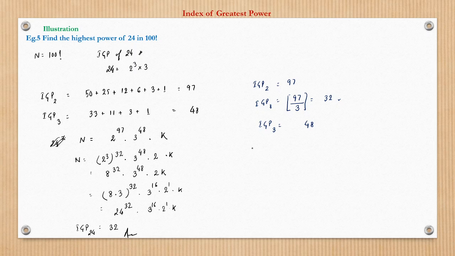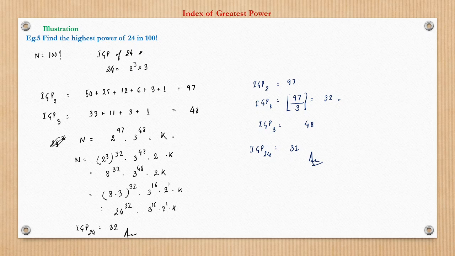So IGP of 24 would be 32. Why not 48? Because if I take 48, then it certainly cannot form 24. 3 has a power of 48, but 8 can have a maximum power of 32 only. IGP is index of greatest power, so the maximum is 32, it cannot go beyond that.